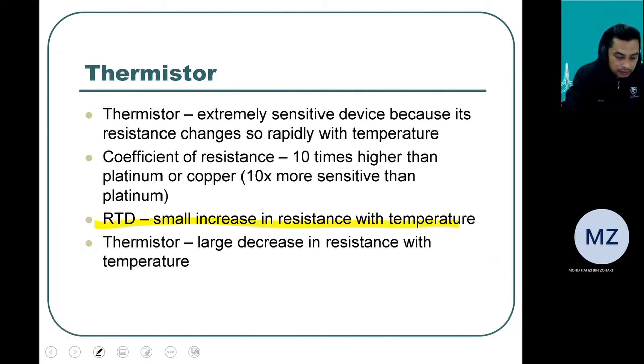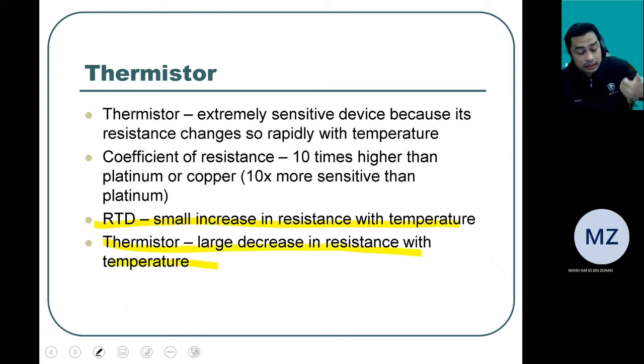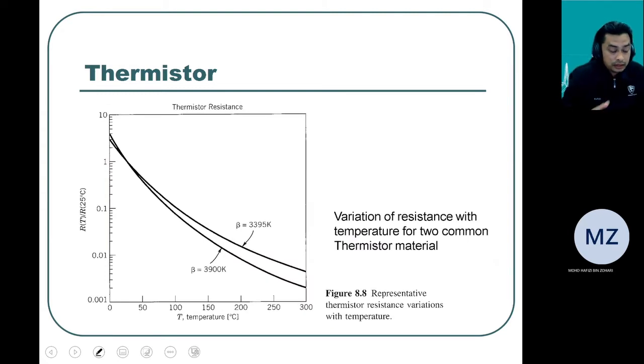Okay. So in other words, if I can summarize this one: for RTD, a small increase in resistance will give a small increase in temperature. For thermistor, there is a large decrease in resistance with the increment of temperature. So it's like the opposite between those two. All right, so this is the graph.